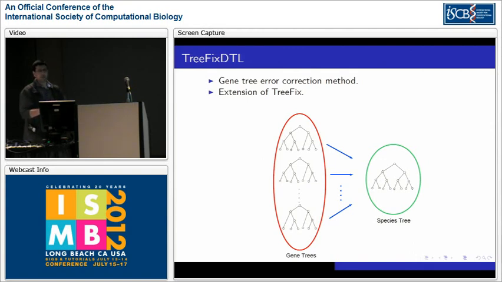We have a new program called Treefix DTL. The task is to figure out how much better we can do with our module than what Treefix can do on prokaryotic data.